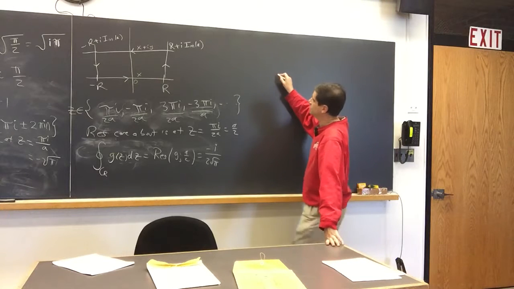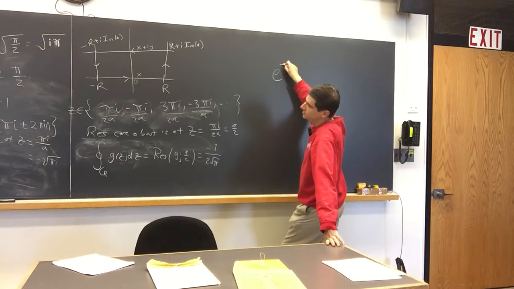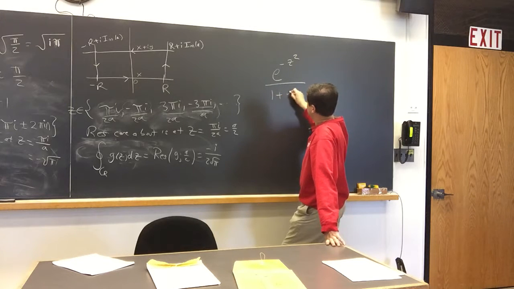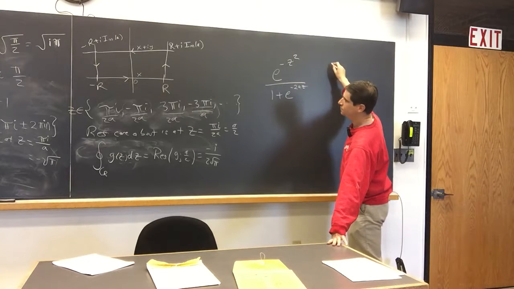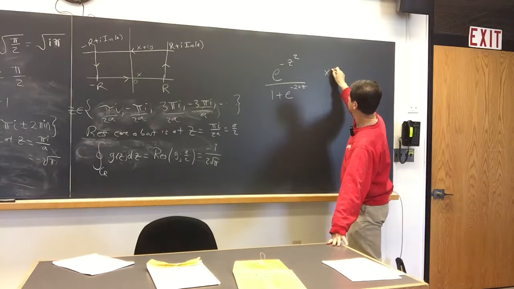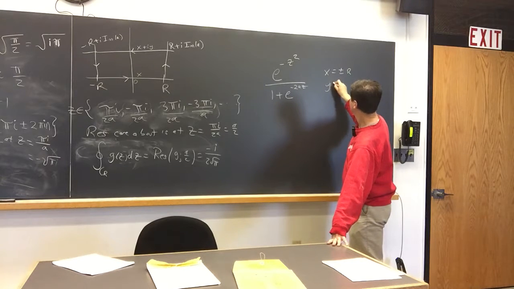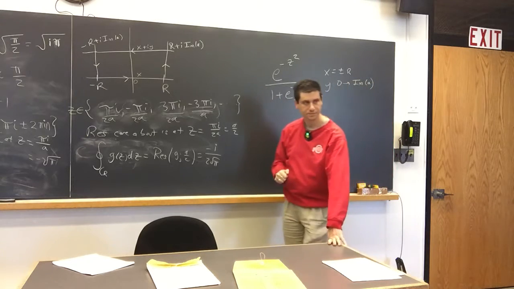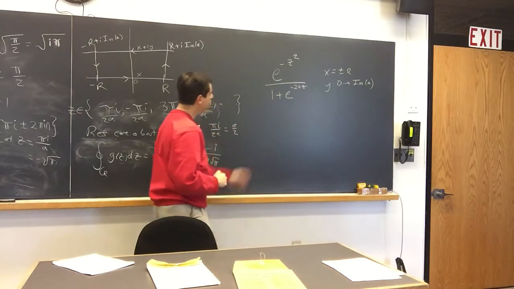Let's look at the vertical pieces. So we have an e to the minus z squared over 1 plus e to the minus 2az. And we're on these vertical pieces, so x is either plus or minus r, and y goes from 0 to the imaginary part of a. So let's look at what happens.